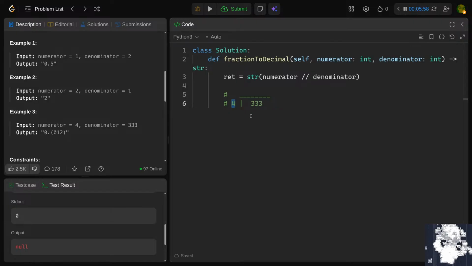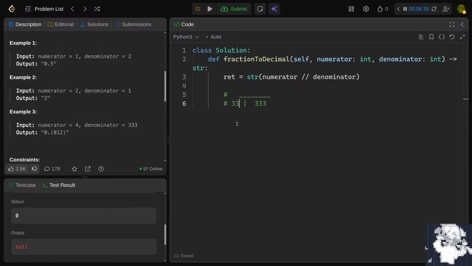Do you do it decimal by decimal? It can't be how many times does 4 go into 333, because that would give me too big of a number.